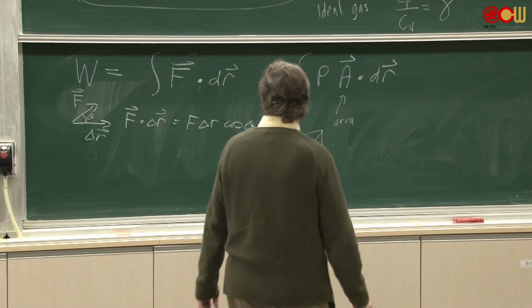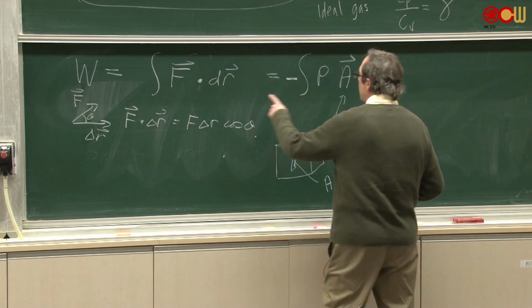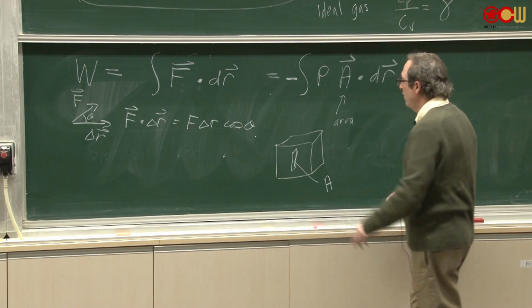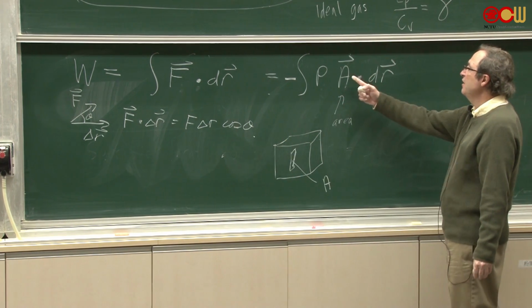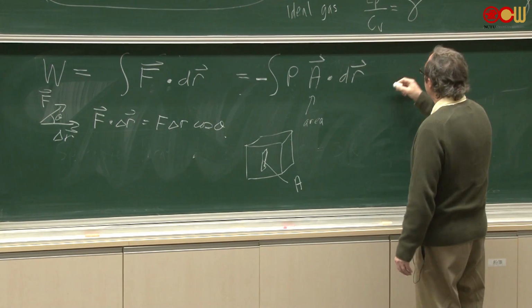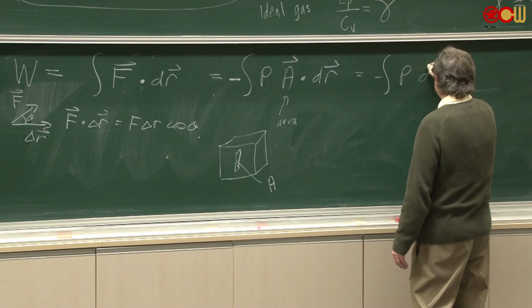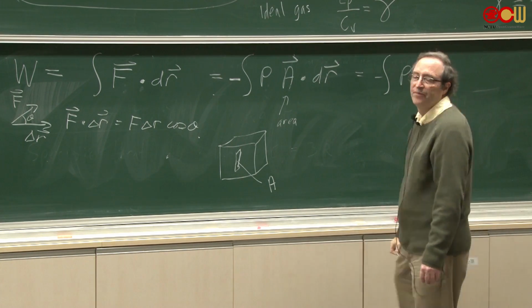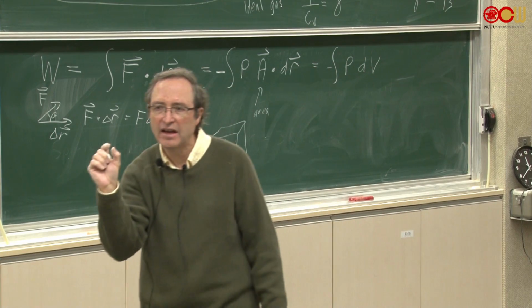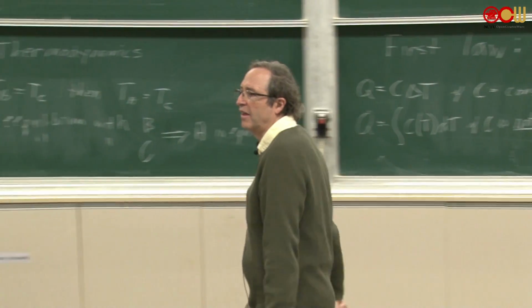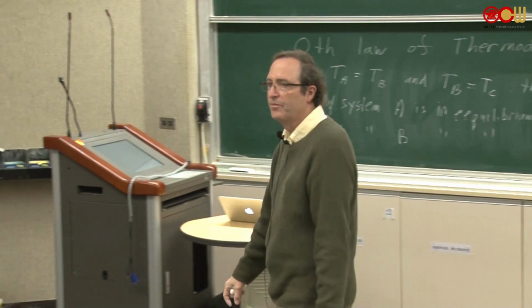We know that force is pressure times area, or pressure is force divided by area. So this A dot dr is the same as the volume. We have a little section of volume, dr times the area. And so we get volume.